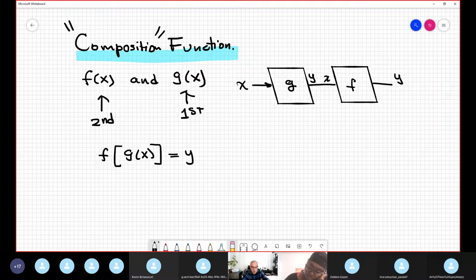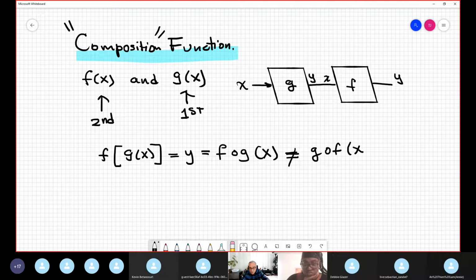The symbolic way to indicate this is f composition g. The composition symbol looks like a zero, but it's a small circle indicating composition. The order is extremely important. Frequently, 99% of the time, this is completely different from g composition f in the other order.